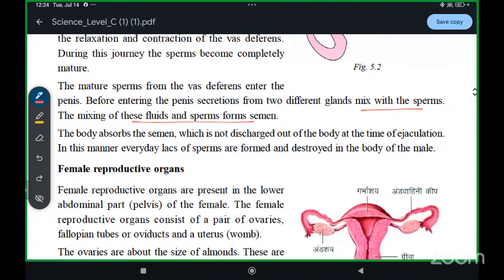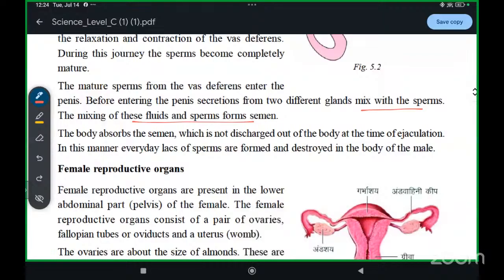This mixture of the sperms and the fluid is known as semen. This is what is responsible for reproduction from the male part.